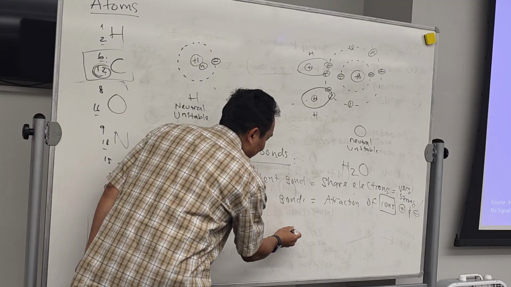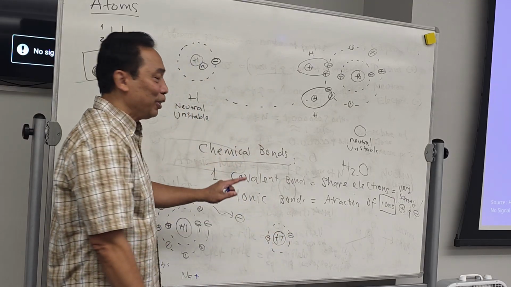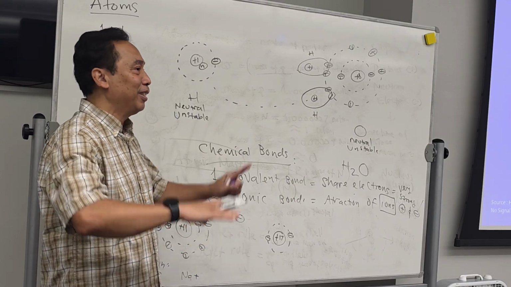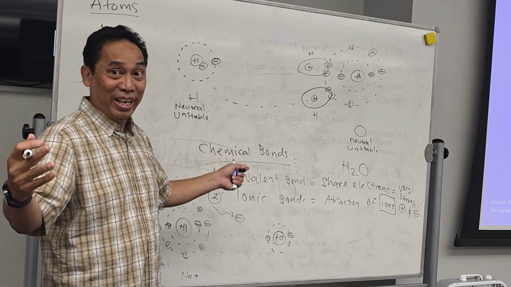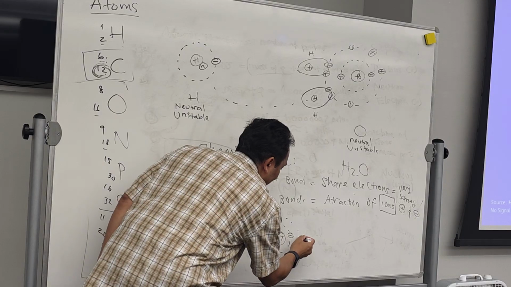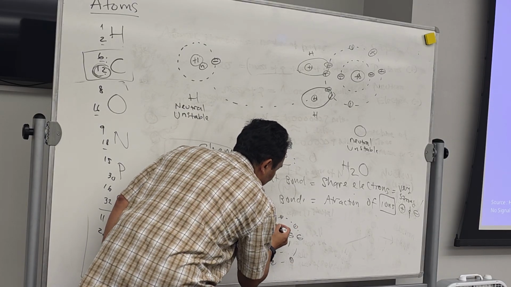How many in the first shell? 2. Okay? So I just want to make sure you know how to do it. If you got it, it's easy. You will have it until you have kids, and you can teach your kids easily. Right? How many in the second shell? 8. 1, 2, 3, 4, 5, 6, 7, 8.